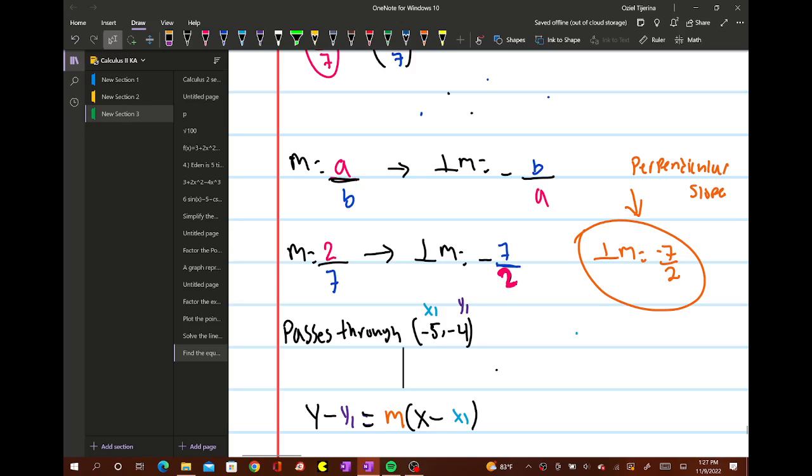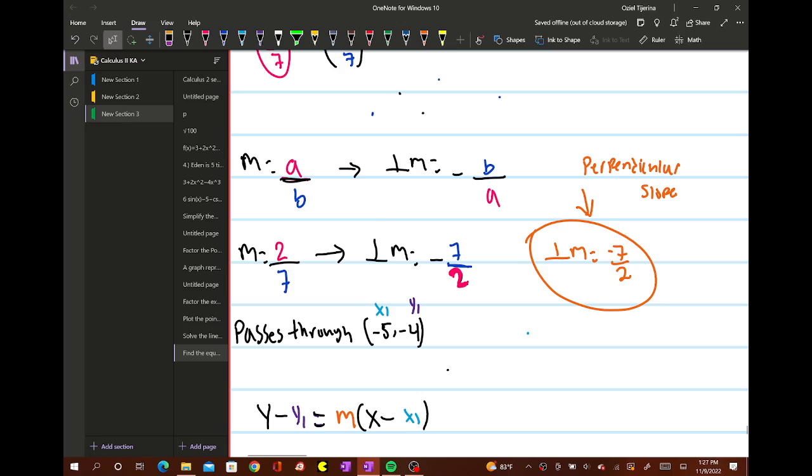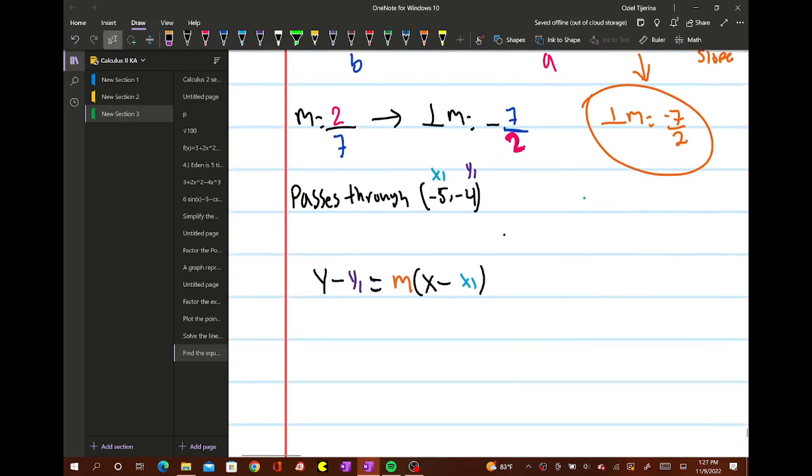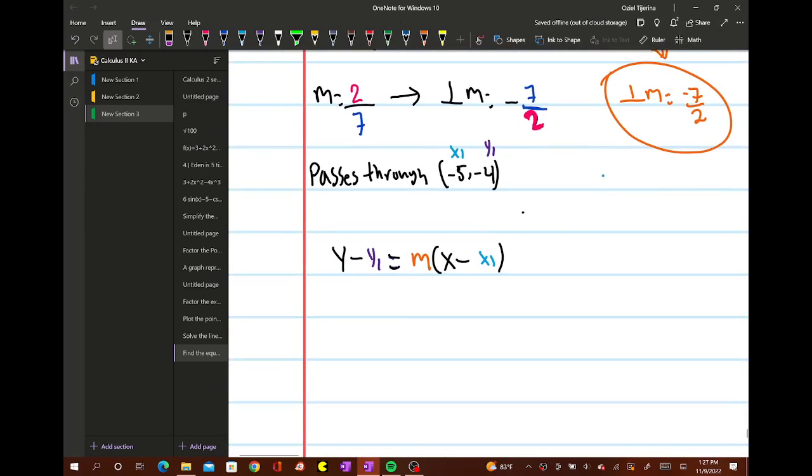We just flipped it over and took the reciprocal, so negative reciprocal. It was negative 7 over 2. I wrote it here to the side where I said perpendicular slope, and then I rewrote the point-slope formula, and it passes through x1, y1, which is (-5, -4).